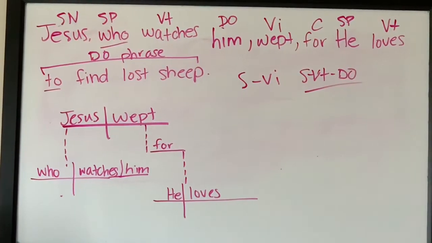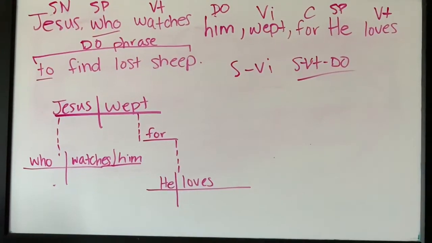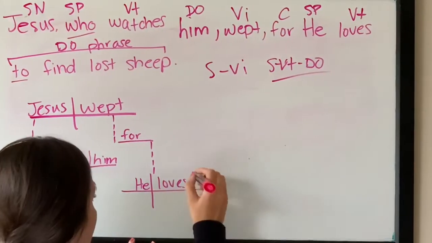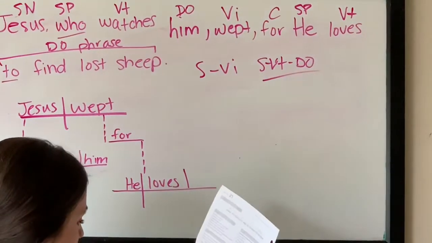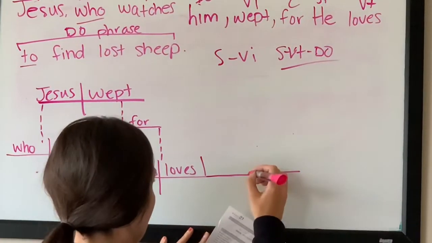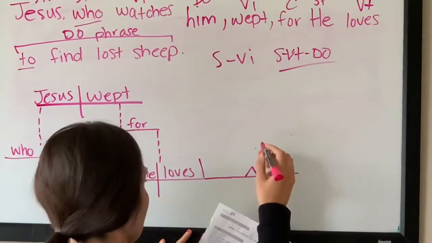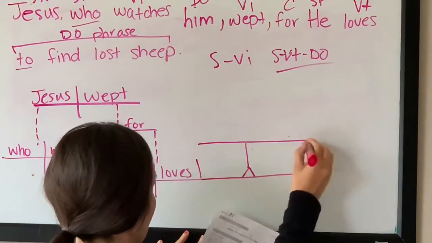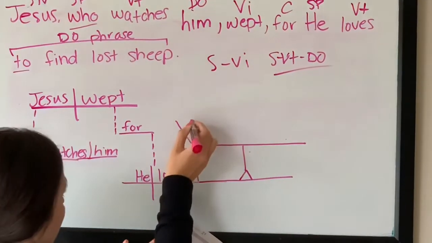It's a verbal, so it's going to go up on stilts. And since it's an entire phrase, the entire phrase is going to go up on stilts like so. I'll show you. Okay, up. So our "to" is going to go on this line.